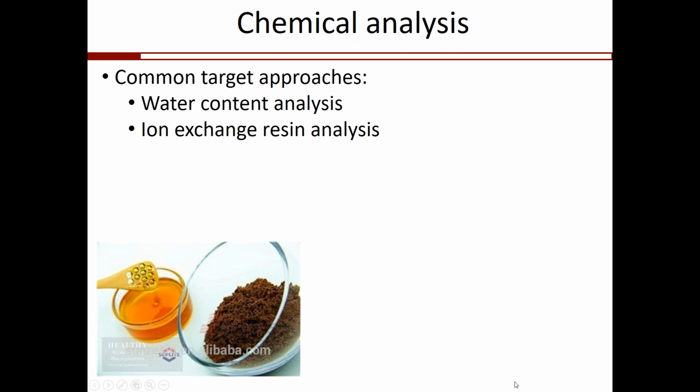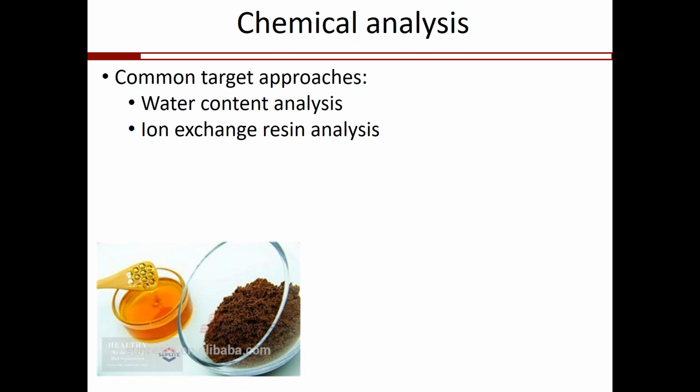And then the next one is ion exchange resin analysis. This is to target certain types of resins. So remember I talked about the certain drugs that we found, antibiotics found in honey.